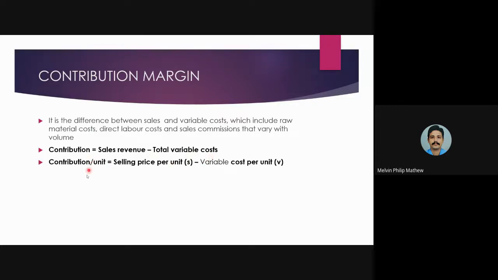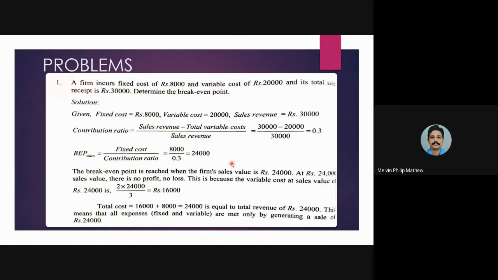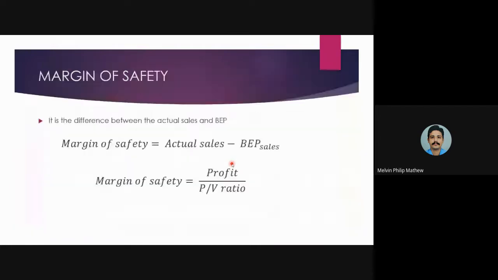If it is taken per unit, contribution per unit is selling price per unit, that is S, minus variable cost per unit, that is V. But here it is given as total variable cost and total sales revenue.